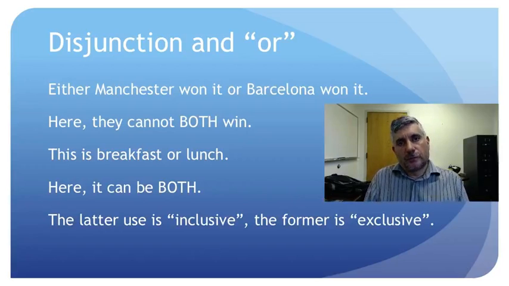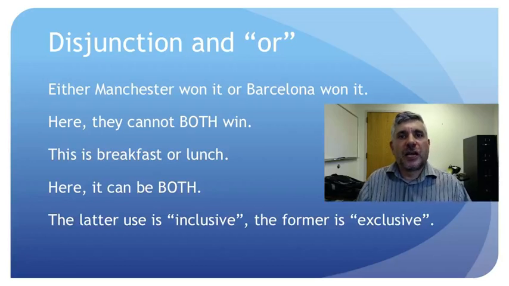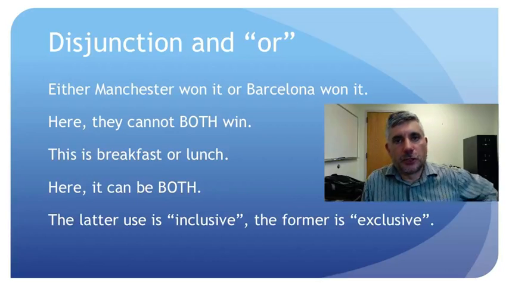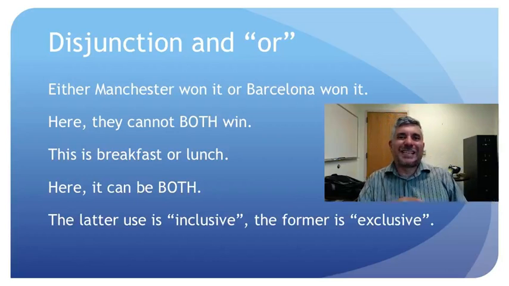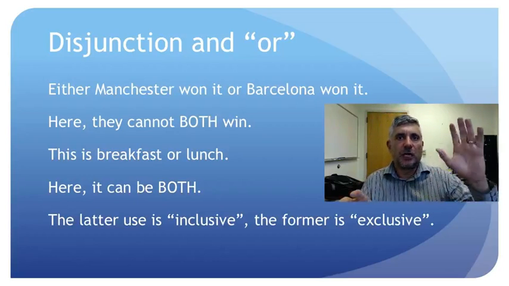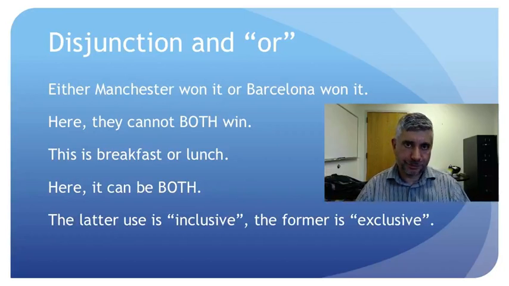So there, in that second usage, I'll say or is inclusive. It includes both of the options and the possibility of their both being true. In the first usage, where I said either Manchester won or Barcelona won, I'll say or is exclusive. In other words, either one is true or the other is true, but they can't both be true.